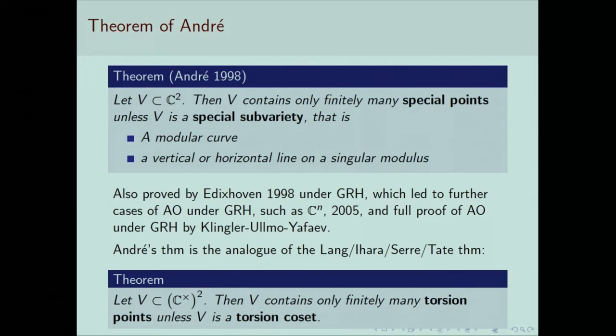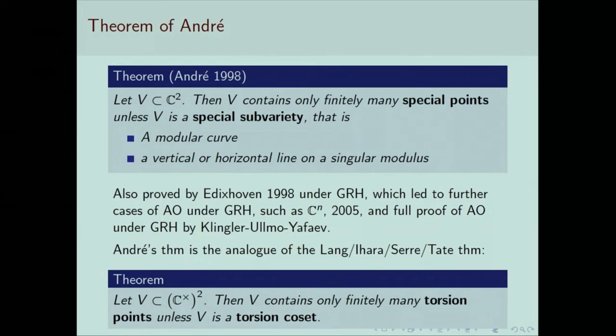And it's again the case that those cases do have infinitely many, right? If you take a vertical or horizontal line on a singular modulus, you'll obviously run into all the singular moduli on the line. And the modular curve does too, because the two elliptic curves whose j invariants are related by a modular curve will be related by an isogeny, and if one is CM, the other is CM.